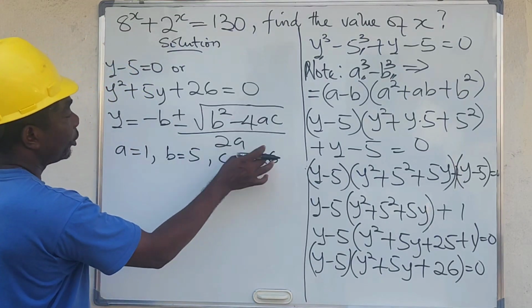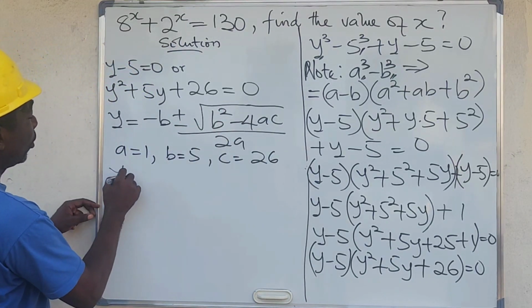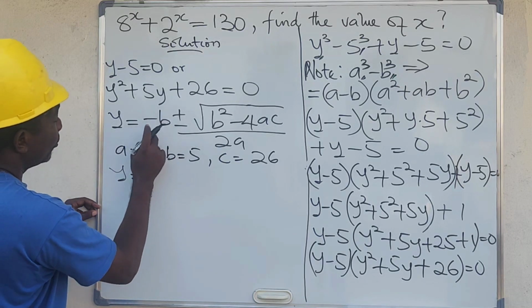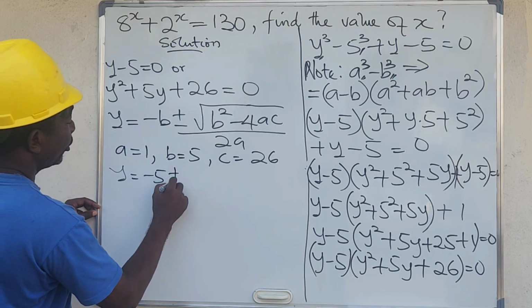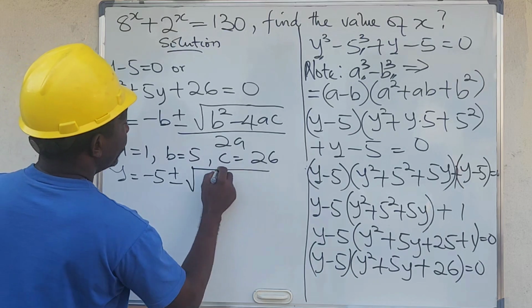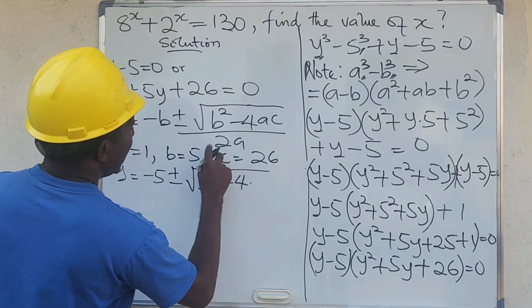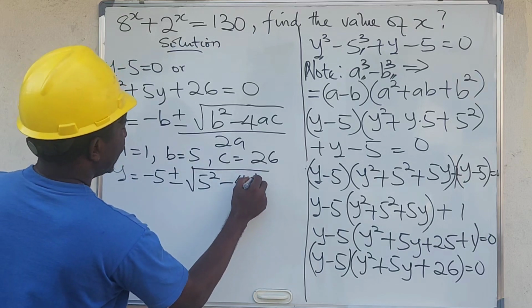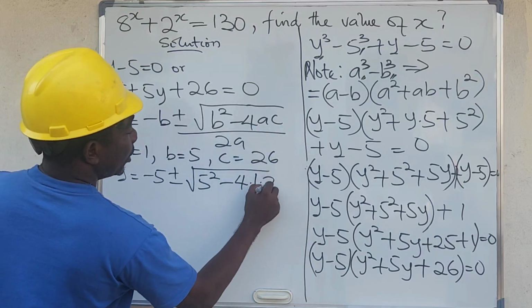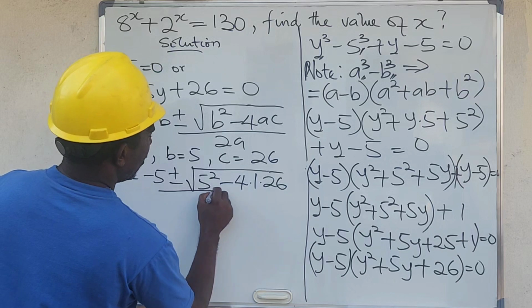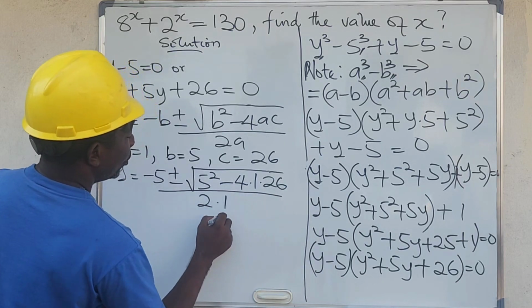So we are going to substitute these into this expression. We have y equals minus b, which is minus 5, plus or minus the square root of 5 squared minus 4 times a, which is 1, times c, which is 26, all over 2 times 1.